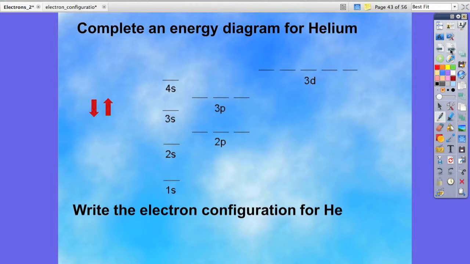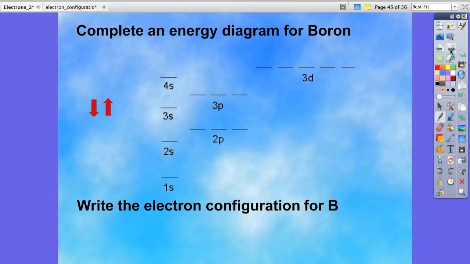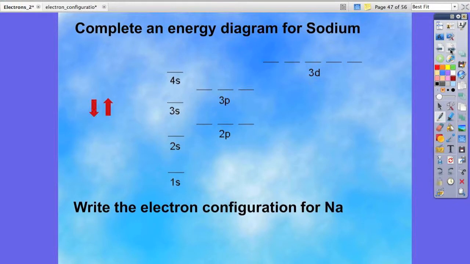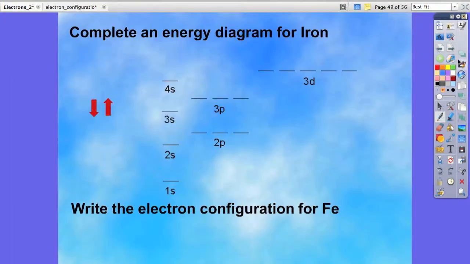Then do it for the rest of them: helium, then go to the next page, you have lithium, boron, oxygen, and so on. Try to do it by yourself, then work with someone to check your work, and then check it with someone else, and I will check it whenever I come back.